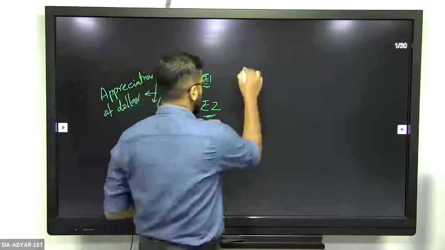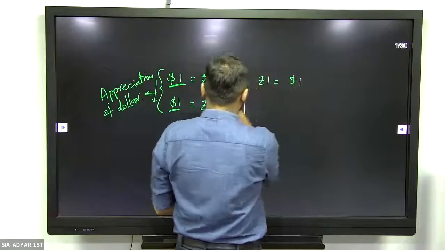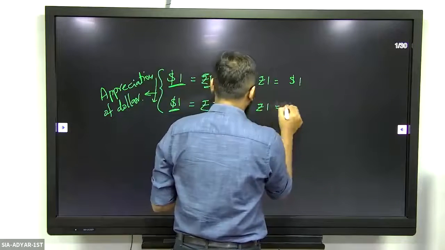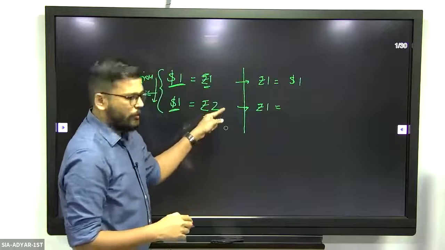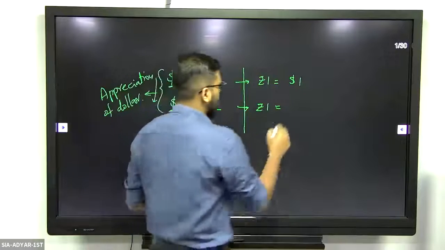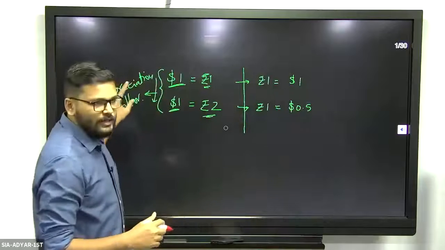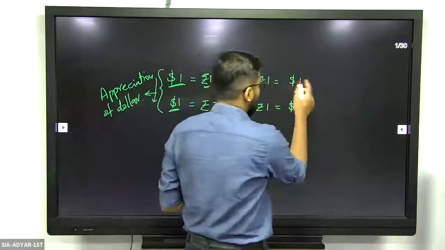Let's look at simultaneously what is happening here. 1 rupee was equal to $1 in the earlier case, but now 1 rupee is equal to half a dollar. So $1 is equal to 2 rupees means 1 rupee is equal to $0.5. When the dollar is appreciating, simultaneously the rupee's value is coming down.